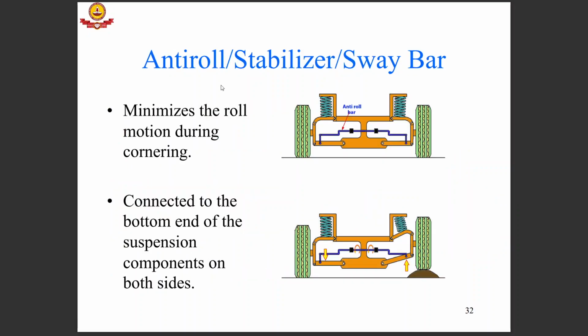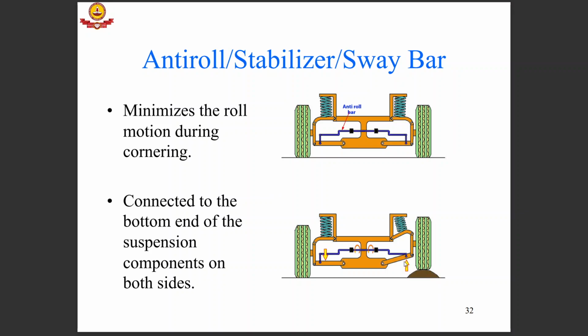Now, what are anti-roll stabilizer or sway bar? So this minimizes the roll motion of the vehicle, and it is connected to the bottom end of the suspension component from both the sides.